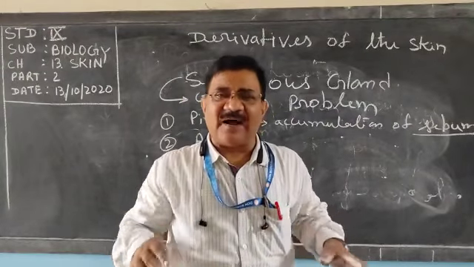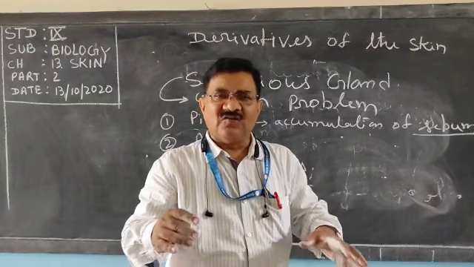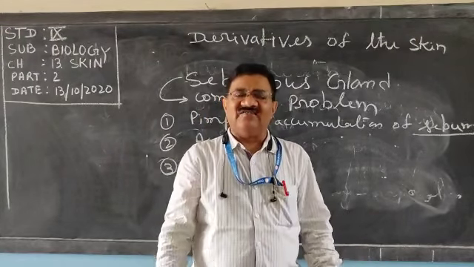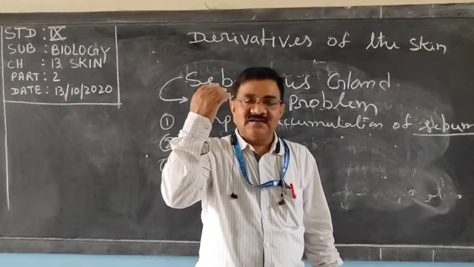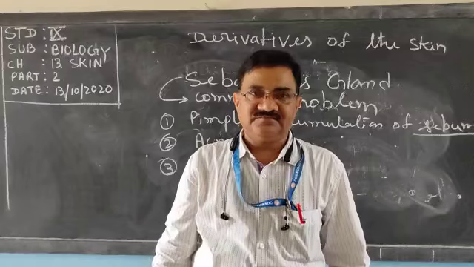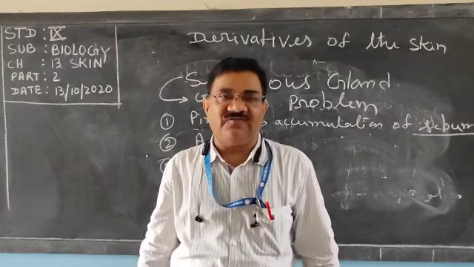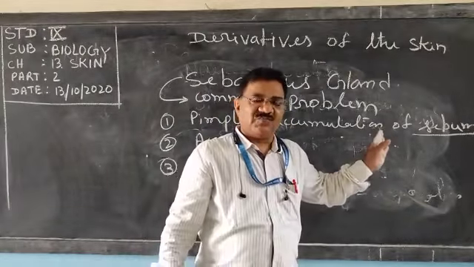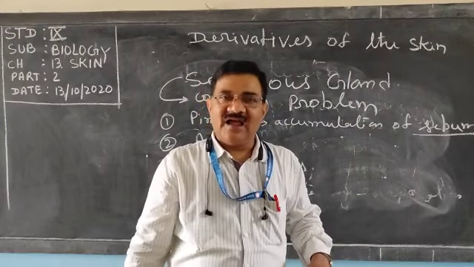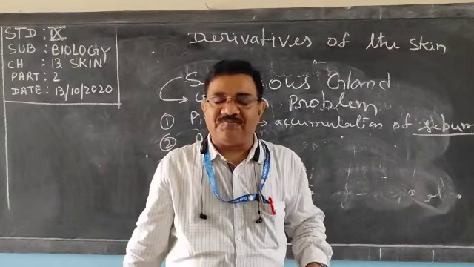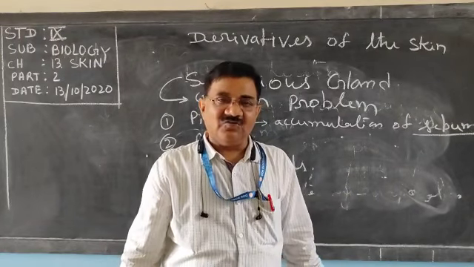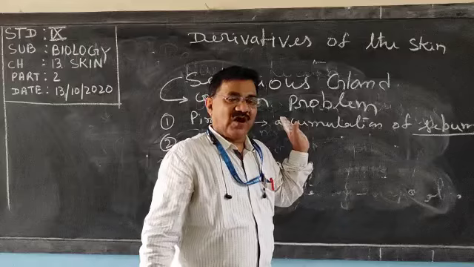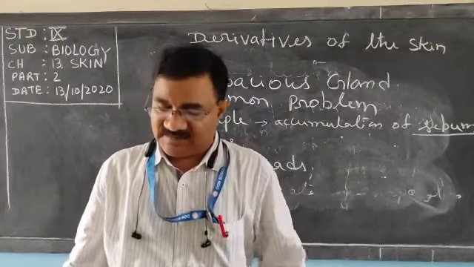These pimples or boils will be there on the face. Why the face? Other parts are covered, so there is less chance of bacterial infection, but the face is not covered. So sebum produced by the sebaceous gland may accumulate, and due to the bacterial infection, boils or pimples will form.